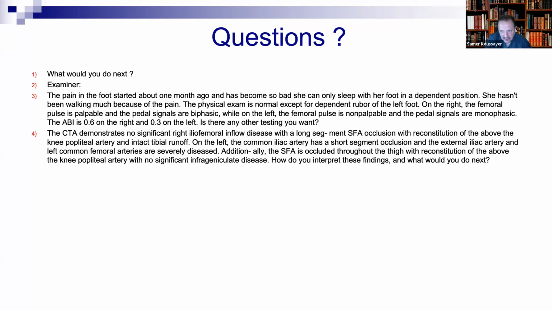So you have disease in the external and common femoral, including the left common iliac artery. Also, SFA is occluded, with reconstitution of the above knee popliteal artery with no significant infragenicular disease. How do you interpret this finding and what would you do next?